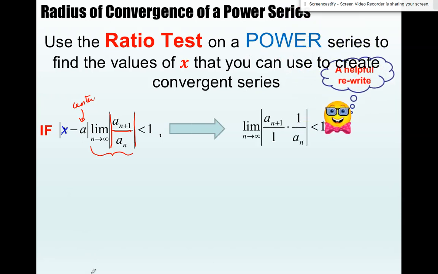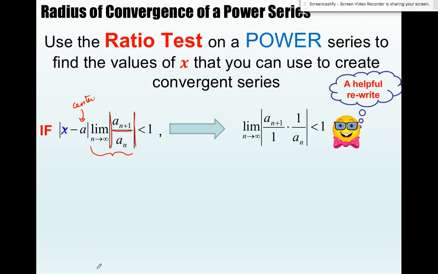By the way, here's a helpful algebraic rewrite for using the ratio test for a power series. Oops, sorry, I forgot my absolute value thing of the x part. Right? A fraction, a division, is the same thing as a multiplication of the reciprocal. The algebra that we're going to do, you're going to want this form.